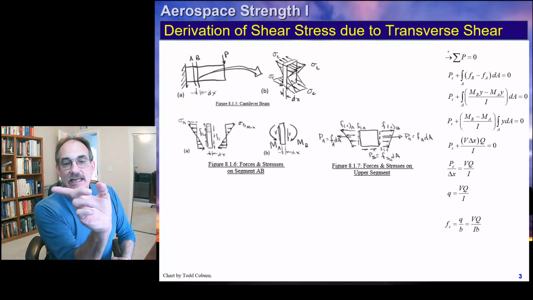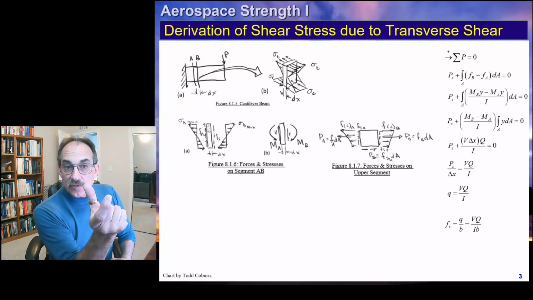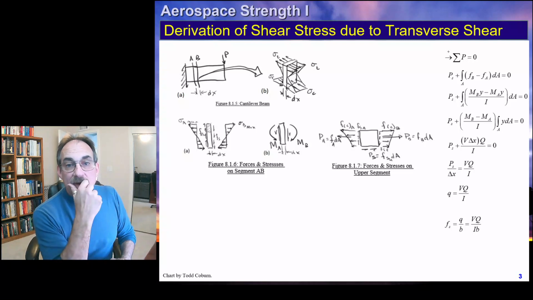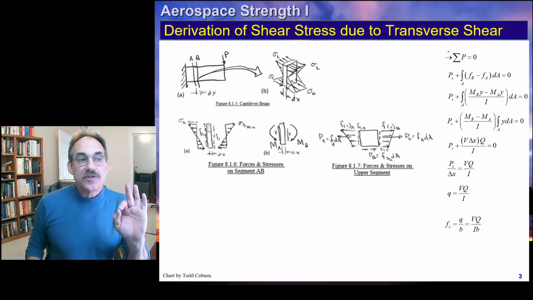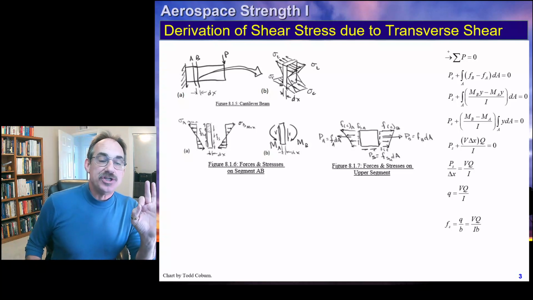The shear flow is acting like this, and so we turn that into a stress by dividing by this widthwise dimension of the thing, which we're calling B. That is the shear stress. These are the equations for shear flow and shear stress for this element.